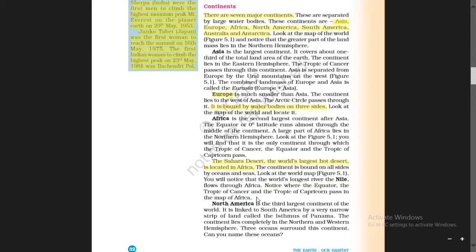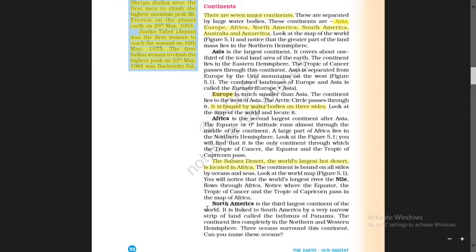Here in this paragraph, you have to know the world's largest hot desert, where it is located and which it is.